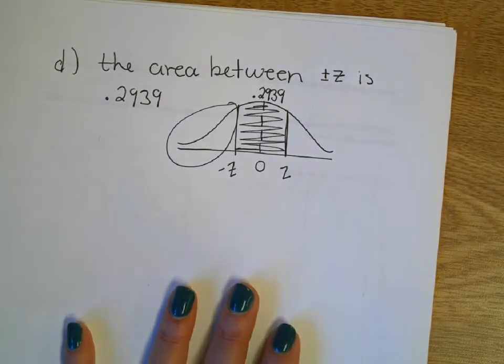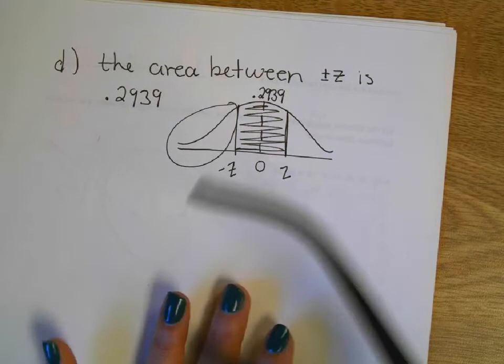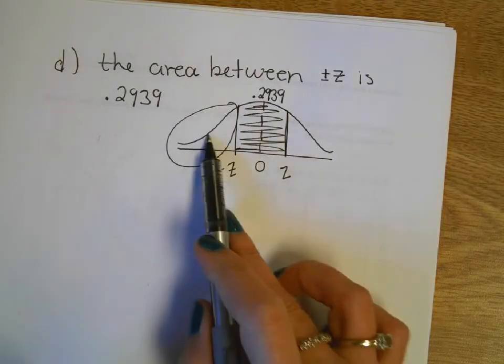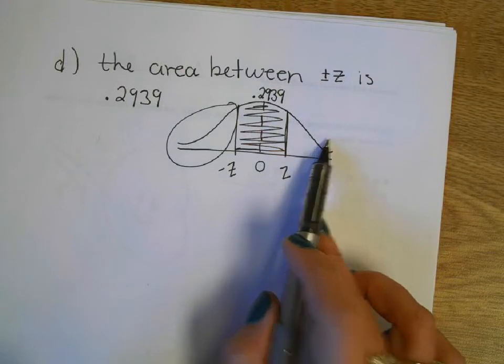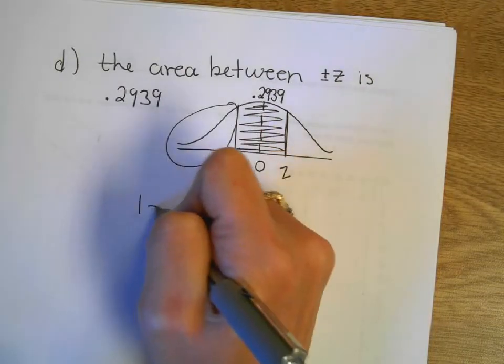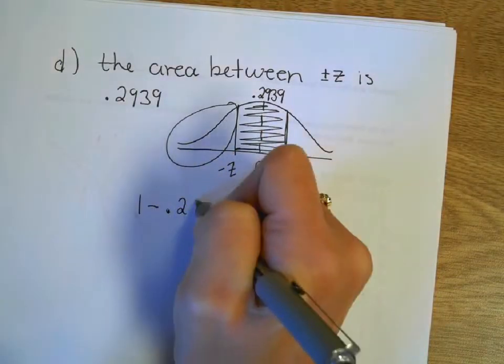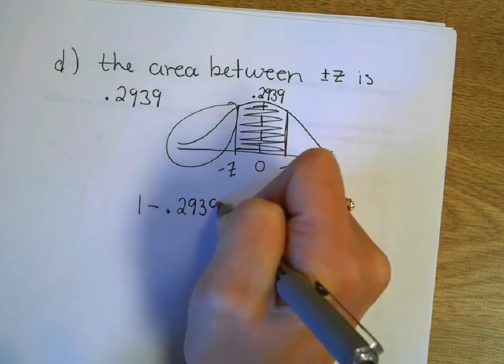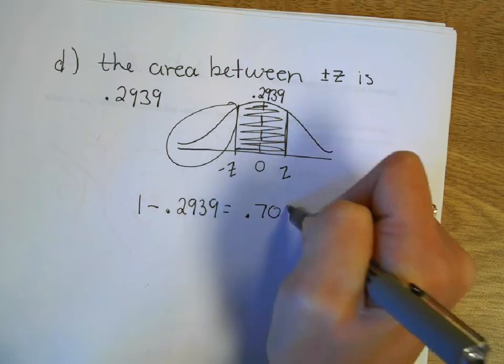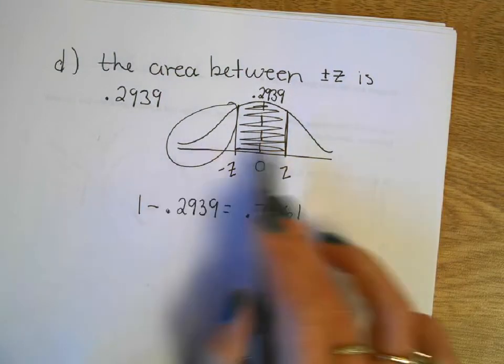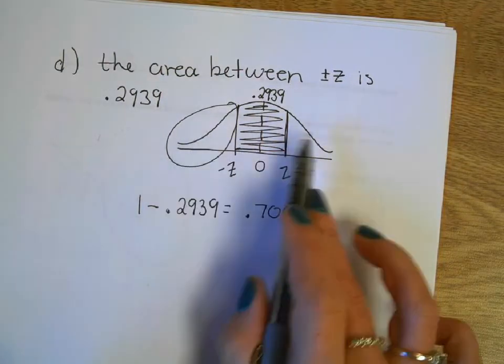1 minus this middle part will leave me with what's in these 2 tail pieces. Agree? Yeah. So we'll go 1 minus 0.2939. What's that value? 0.7061. So there's 70% of the graph left for those 2 pieces.